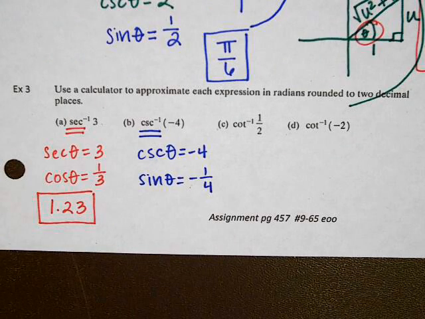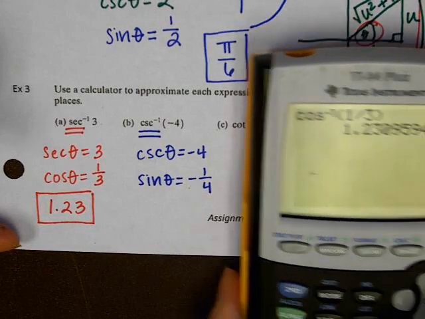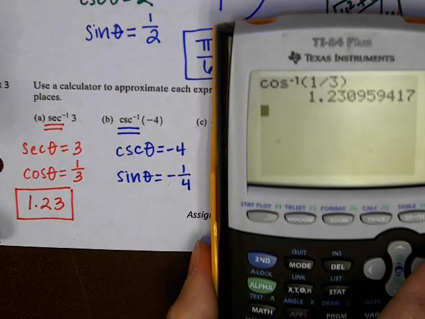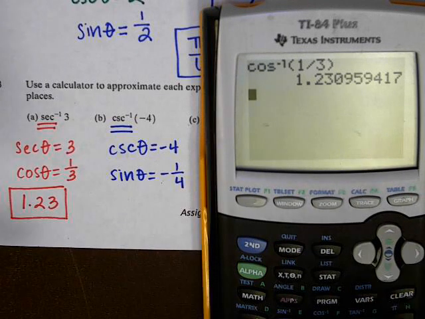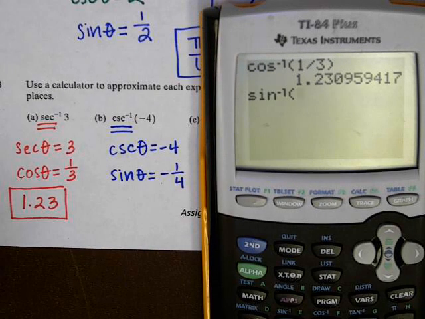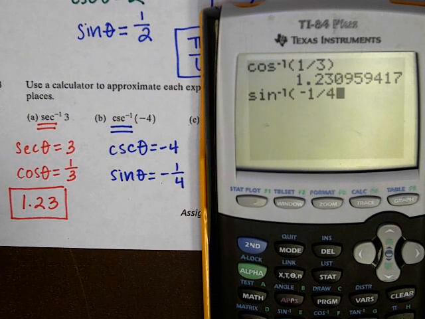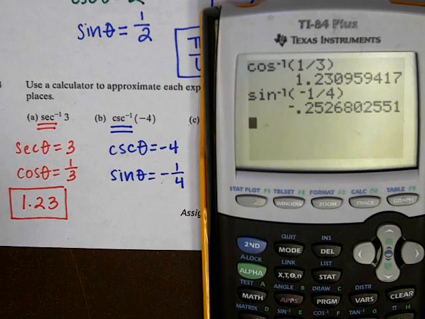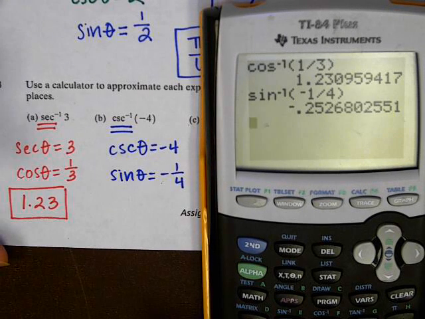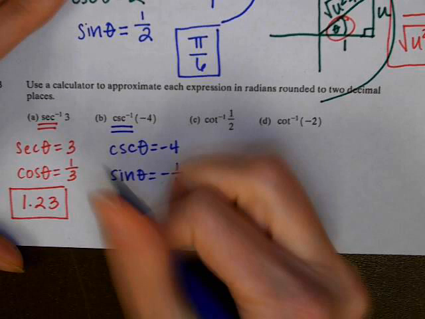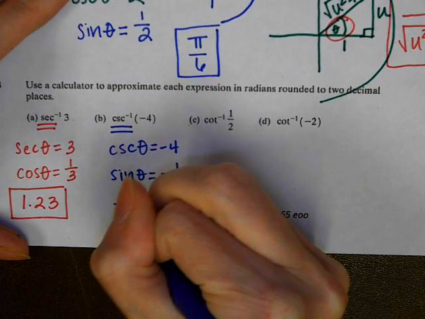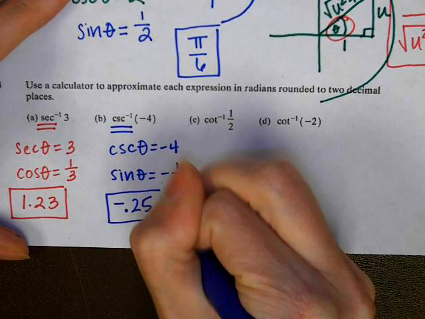And again, not on the unit circle, but we can do inverse sine to find the angle in radians. So inverse sine of -1/4. And that gives us, in radians, -0.25. All right, so that one's done.